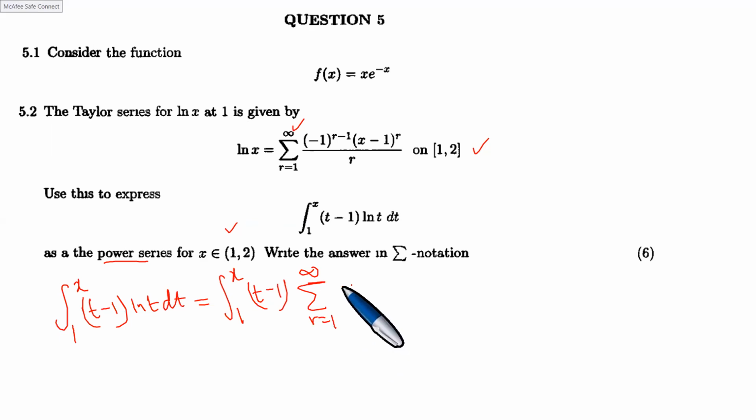The summation from r equals 1 of minus 1 to the r minus 1, t minus 1 to the r, divided by r. I've just substituted this in t.